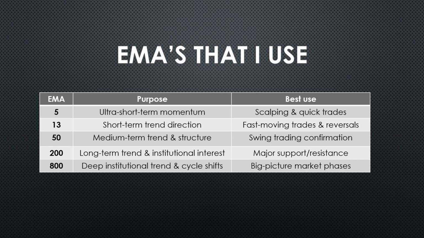On the other end, our 50 EMA is more for medium-term trends and structures. The best use for this can therefore be swing trading confirmations, also scalp trading confirmations to be fair, but it's a great one for swing trading. We then have our 200 EMA, which is used for long-term trends and institutional interests.